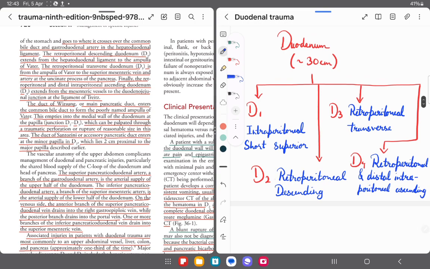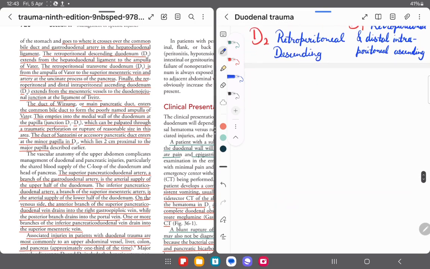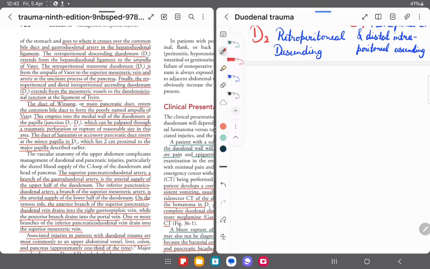So we have these 4 parts: D1, D2, D3 and D4. Now let us see the extent of these parts.